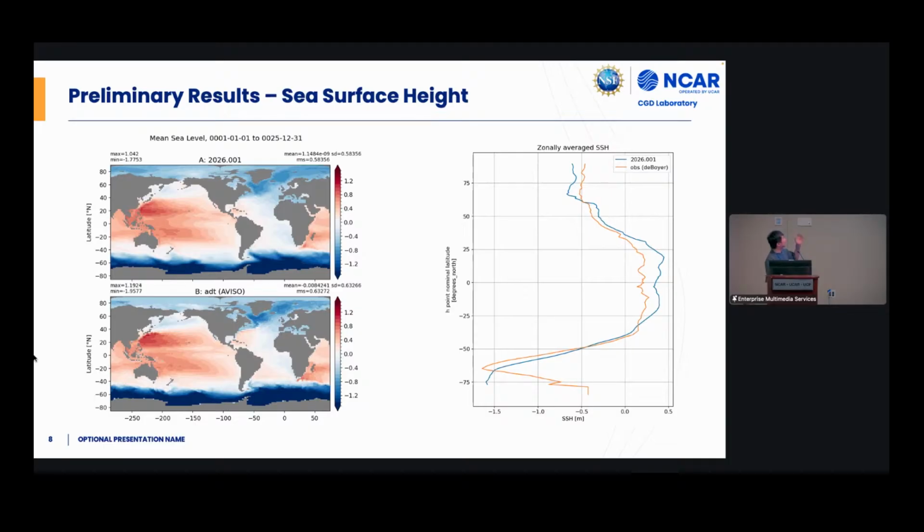You can see the spatial distribution of the patterns matches the observation relatively well, and also the zonal averaged sea surface height, except for near the Antarctica, which I'll discuss in more detail later.